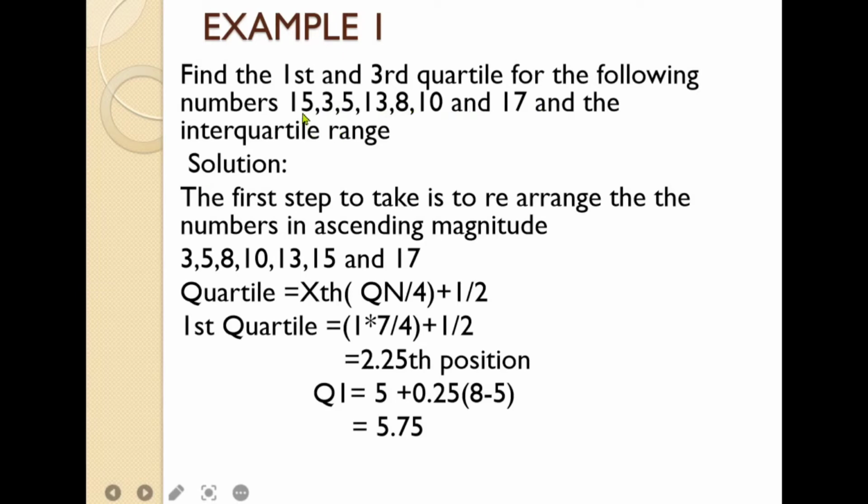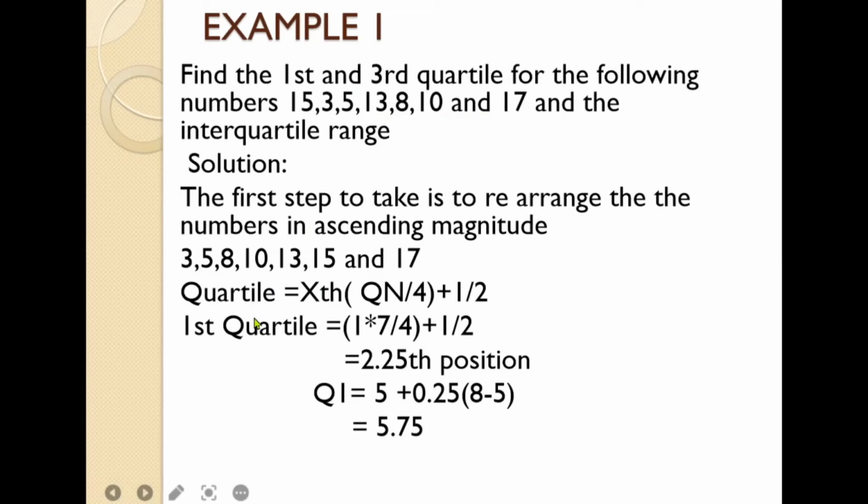Now, if we look at this data set, 15, 3, 5, 13, 8, 10, 17, it has no particular order, and you cannot solve this question this way. So the first thing to do is to rearrange this set in ascending order. And that brings us to this: 3, 5, 8, 10, 13, 15, and 17.